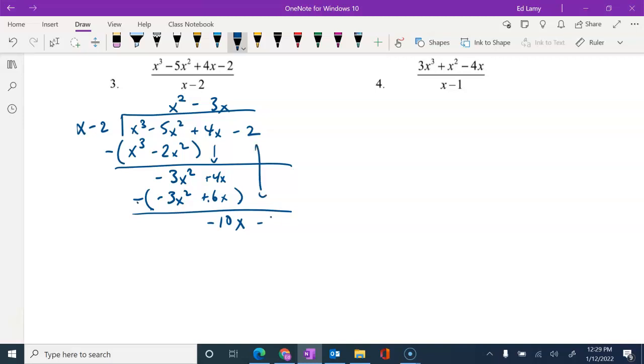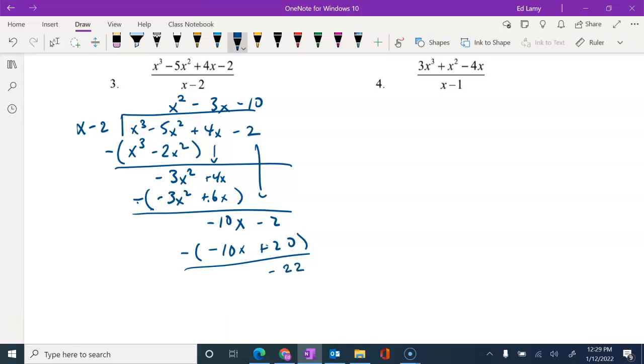Bring down the negative 2. And then ask, what do you multiply x by to get negative 10x? You say negative 10. When I multiply, negative 10x plus 20. And I subtract. So that's negative 2 minus 20.